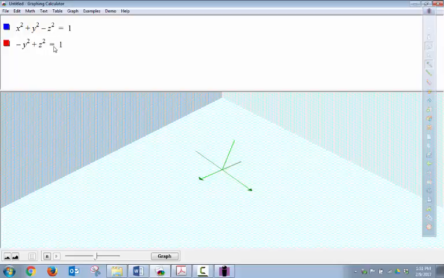Oh, come on. Just have to write everything. So what I wanted to do is, I'll start over. Minus x squared minus y squared plus z squared.